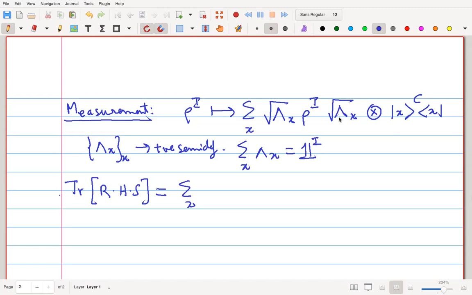This is something you can check from the definition of the tensor product of matrices: trace of M tensor N is trace M times trace N. So I can write the trace of square root of lambda x, rho, square root of lambda x, times the trace of this other factor.